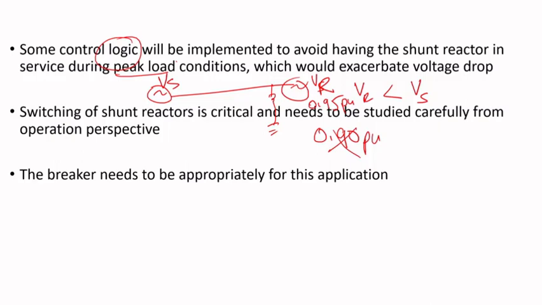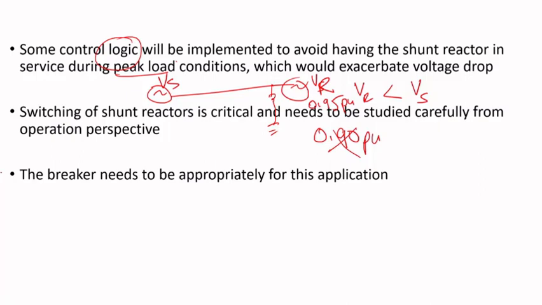So in the summer, you probably don't want the shunt reactor in service. Probably in winter, or in seasons where the load is lower. But the bottom line is you want to make sure you don't forget that shunt reactor in service, which could lead to very low voltages under peak load conditions.